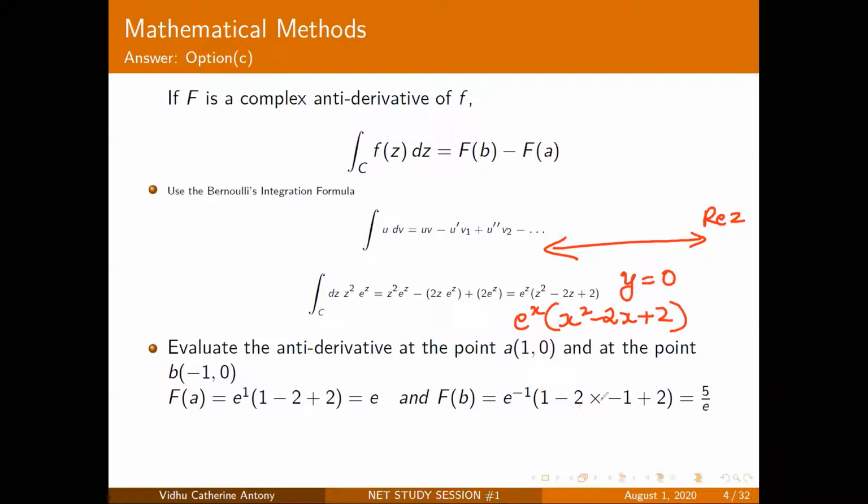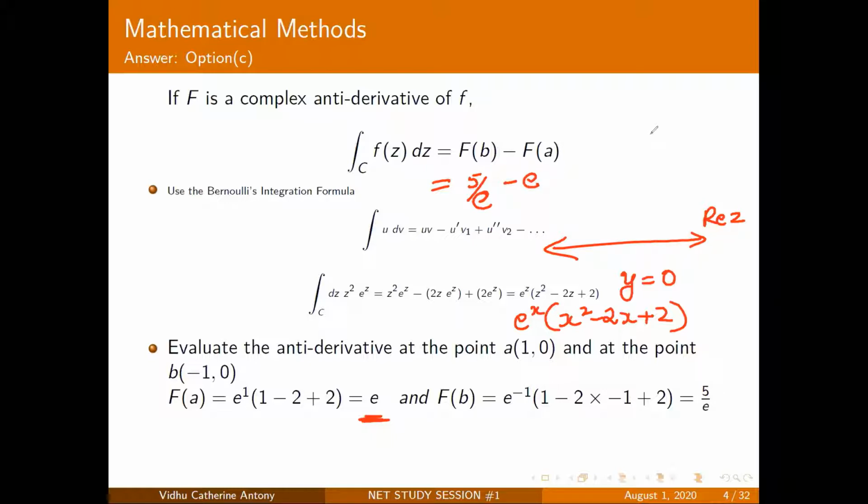Now you substituted that, what are you supposed to do? Once you've substituted the values of 1 and −1, you find this, and put the value of f(b) here, that is 5/e, and subtract it from this. So you have 5/e − e.